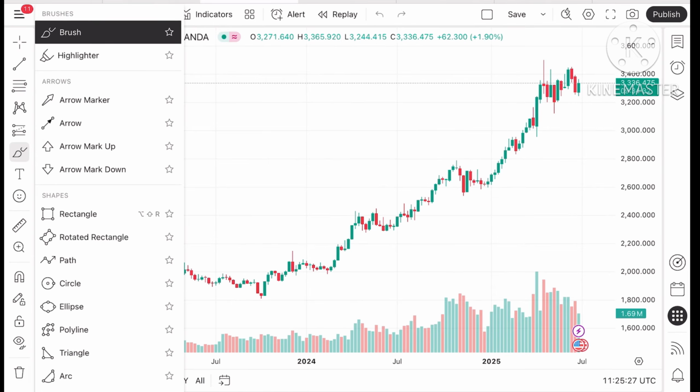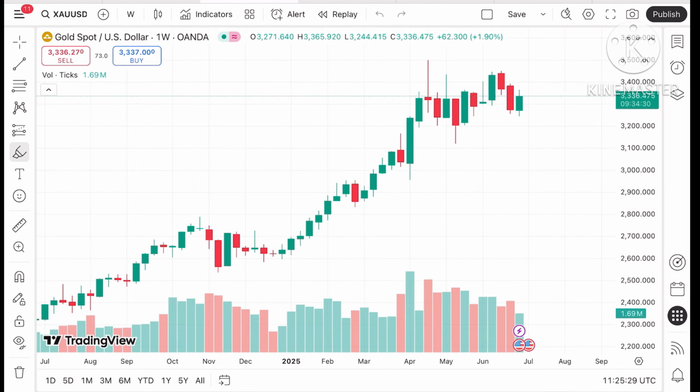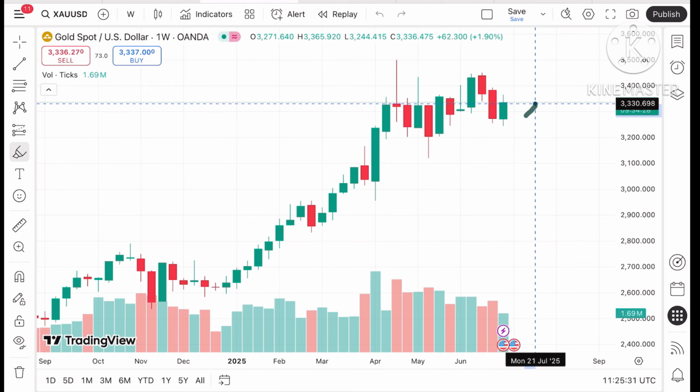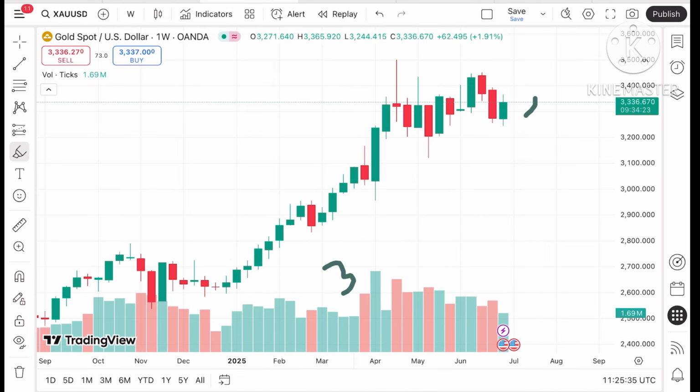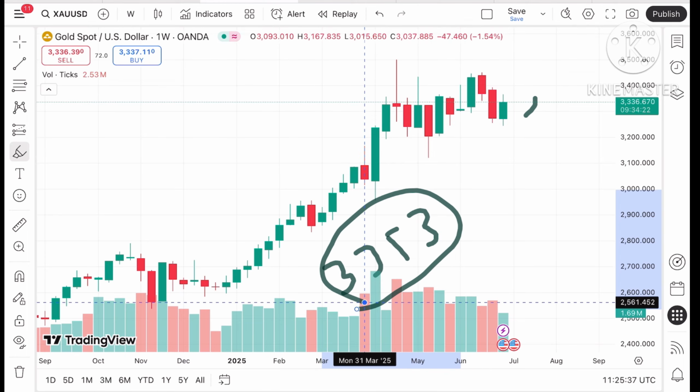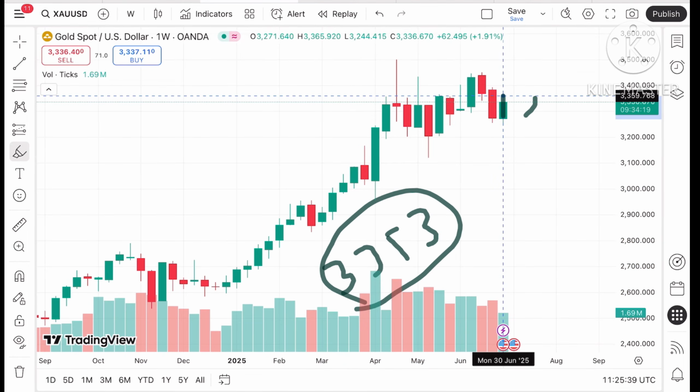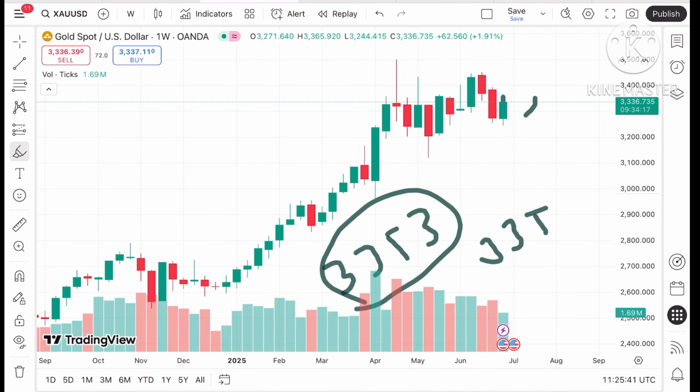Coming back again to the gold price, suppose the price sustains this level, the probability of touching the next level, which is coming at 33.53, will be there. And if the price sustains 33.53, the probability of touching 33.59 will be there.